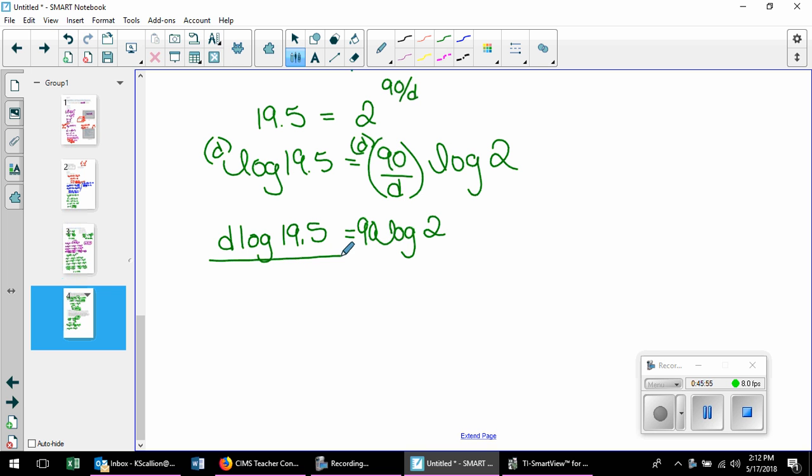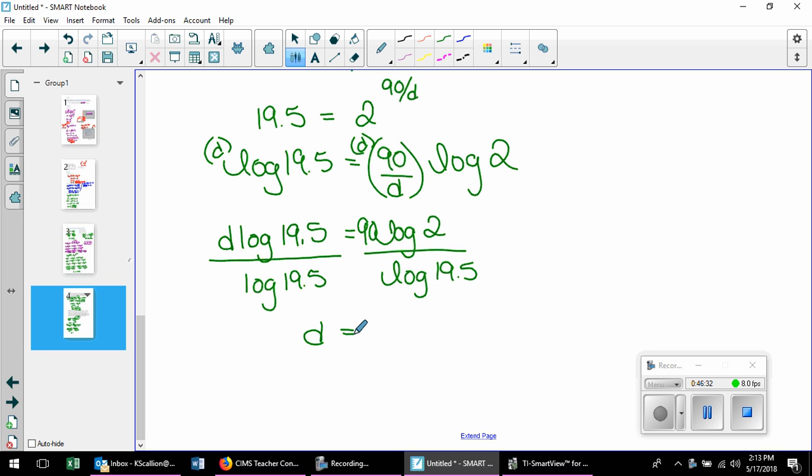Okay, I'm not telling you the answer. I'd actually like you guys to try this on your calculator, just to make sure that you understand how to put these logs in.